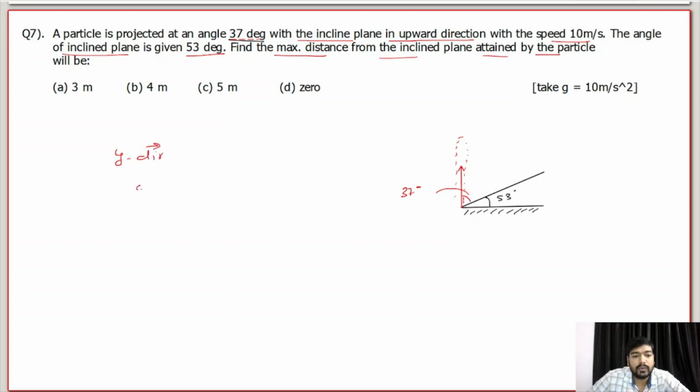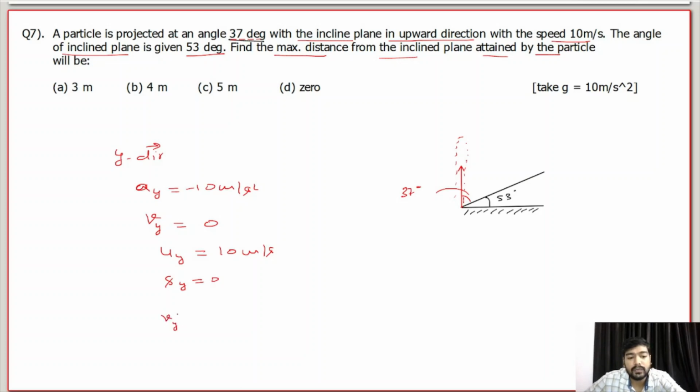Okay, so we know the acceleration first. Acceleration is minus 10 meter per second square. We know the final velocity, final velocity in y direction will be 0. Okay, we know the initial velocity in y direction, that is 10 meter per second. Right? We need to calculate the distance. Can we apply the third equation? Yes, we can apply.